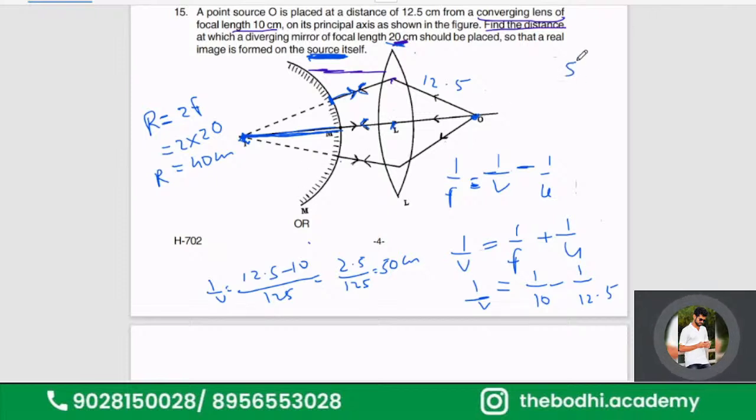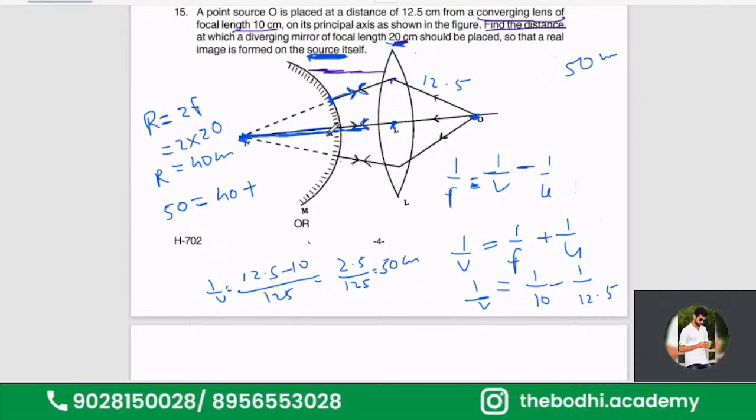The image is forming exactly 50 centimeters away, right? That means the 50 centimeters should be equal to the radius of curvature, 40, plus the distance between the lens and the mirror. It's common sense. Image is forming here, so the distance is 50, what we got.